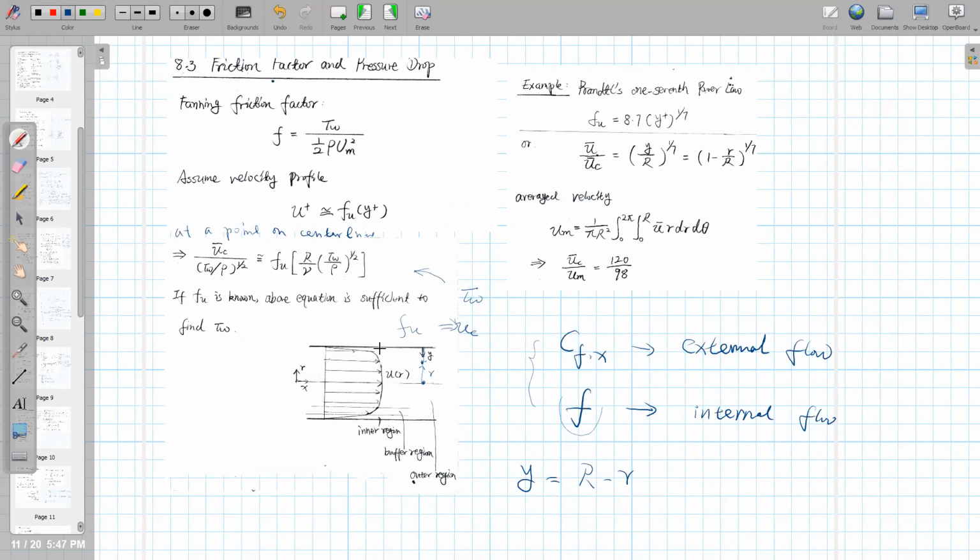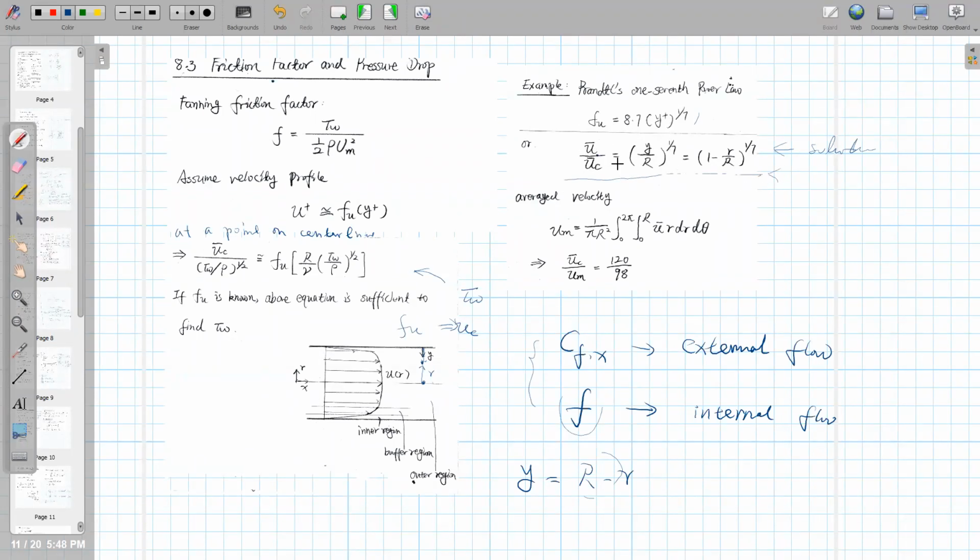Just consider that this is a wall here. The profile will be U over Uc equal to y divided by R to the power 1/7. Or if you change this y to R minus r, it becomes (1 minus r over R) to the 1/7. You have this profile here. Let's try to use this simplest profile.